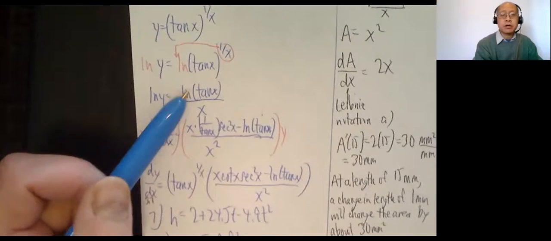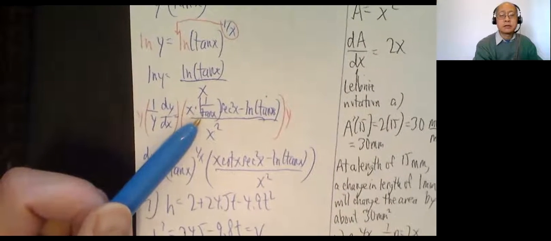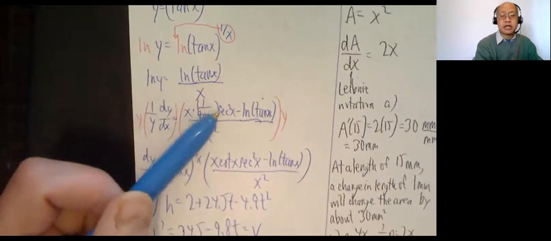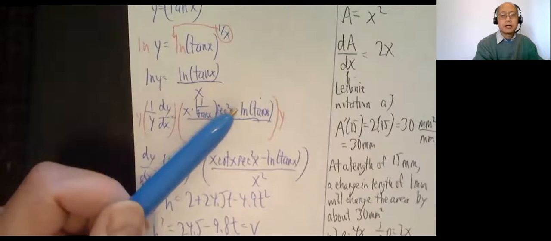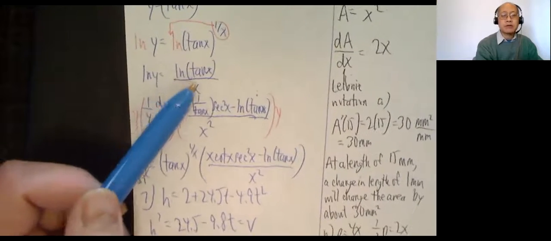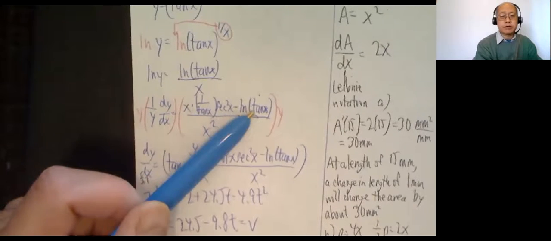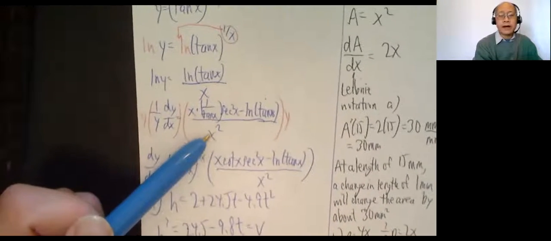So derivative of natural log tangent of x is 1 over tangent x times the derivative of tangent x, which is secant squared of x, chain rule, minus the top, natural log of tangent of x, times the derivative of the bottom, but the derivative of the bottom is 1, so you don't even have to write it, all over x squared.